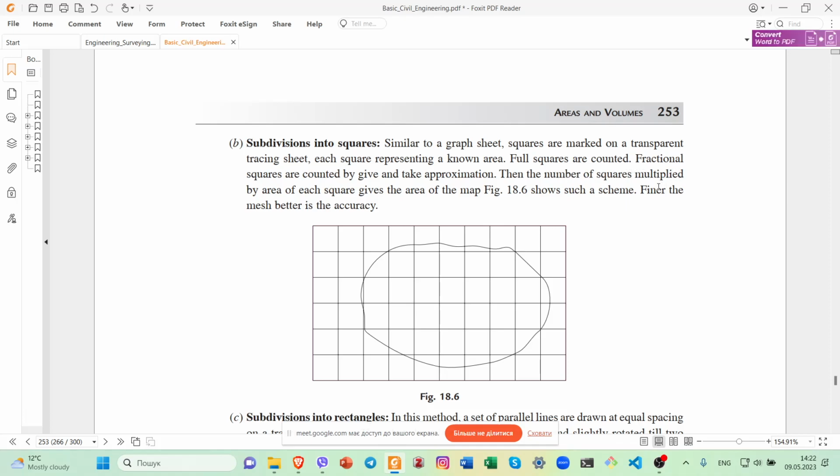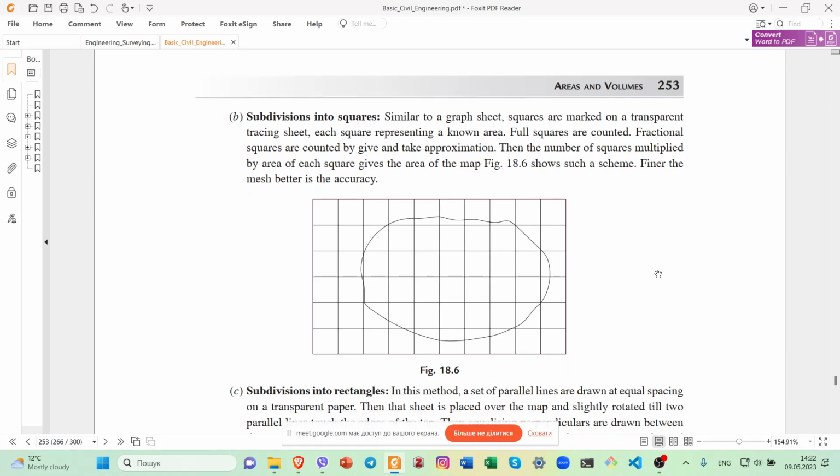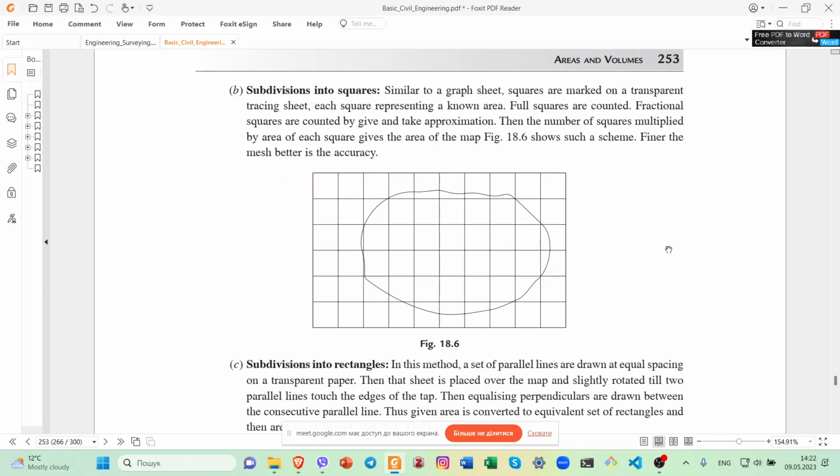Fractional squares are counted by give and take approximation. Then the number of squares multiplied by the area of each square gives the area of the map. This shows such a scheme. The thinner the mesh, the better the accuracy.